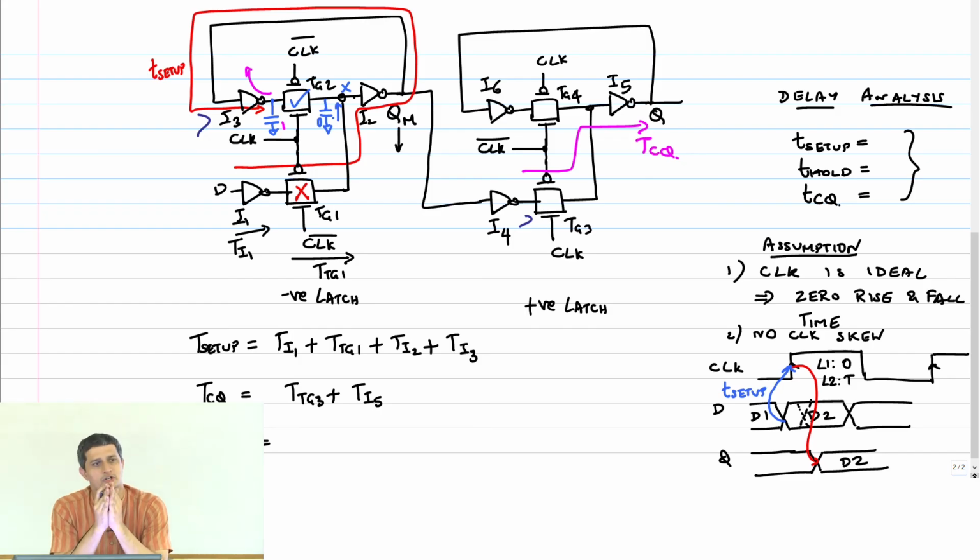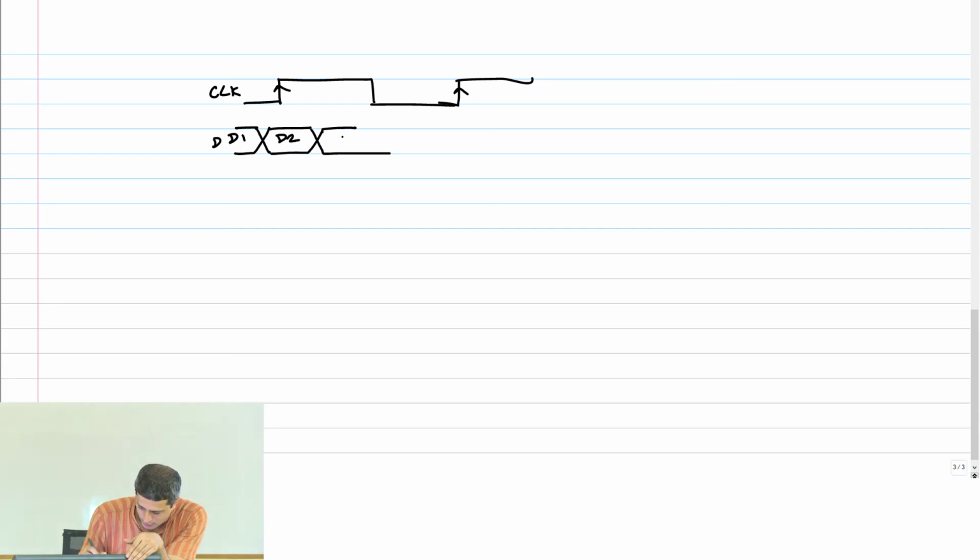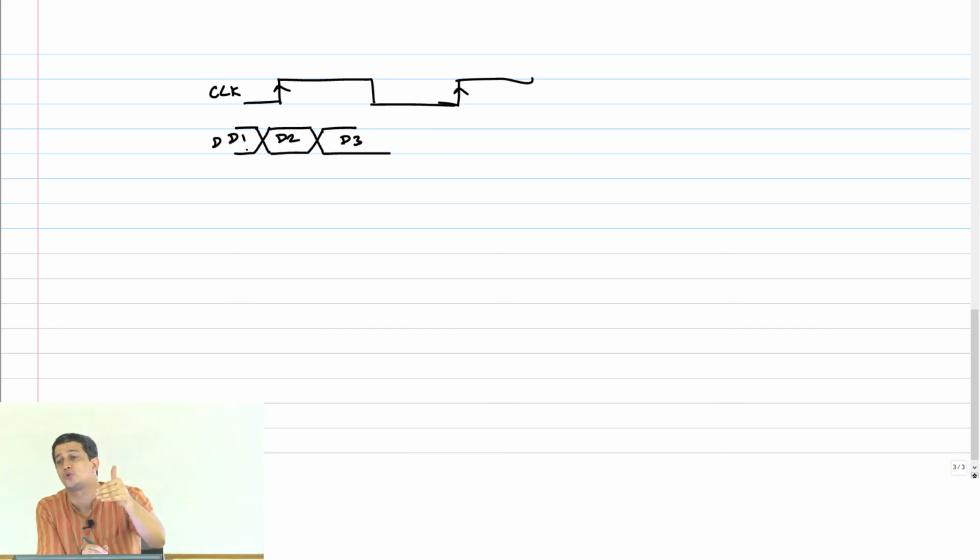Hold time, the definition is: clock, right? I cause a change in data before and after the edge. D1, D2, D3. The point now is, before the edge, when the change happens, I want that change to be captured. That is setup time.